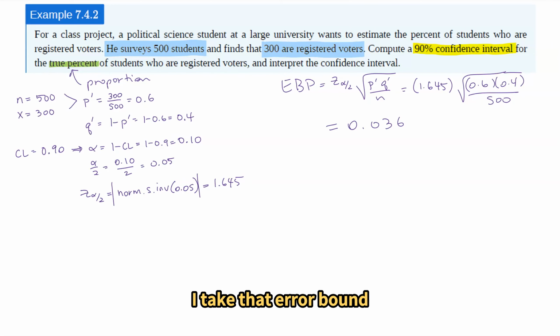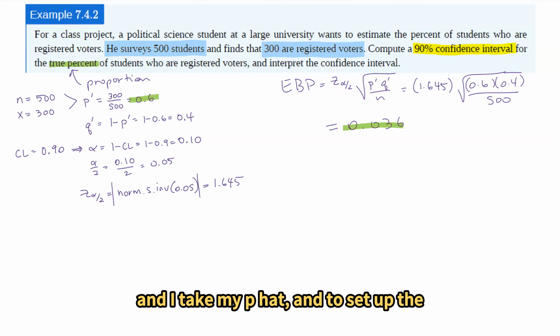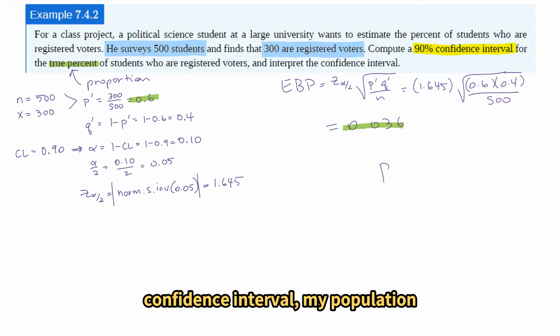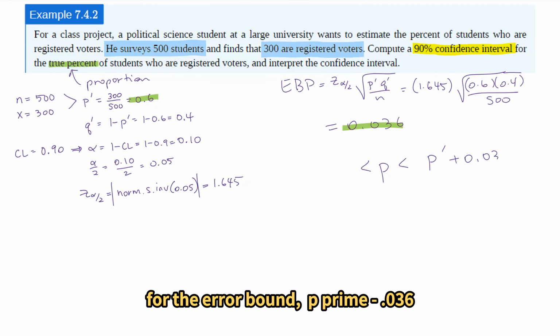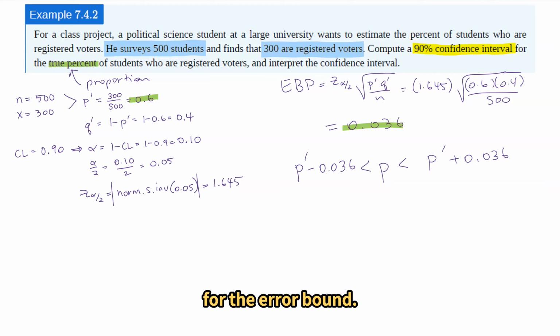I take that error bound and I take my p prime, and to set up the confidence interval, my population proportion, p, is in the middle. P prime minus 0.036 for the error bound, P prime plus 0.036 for the error bound.